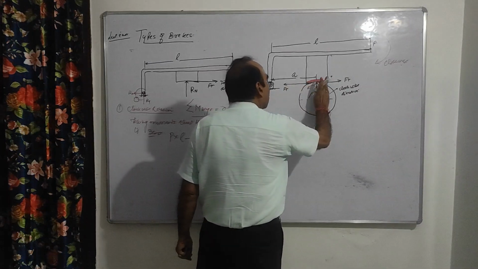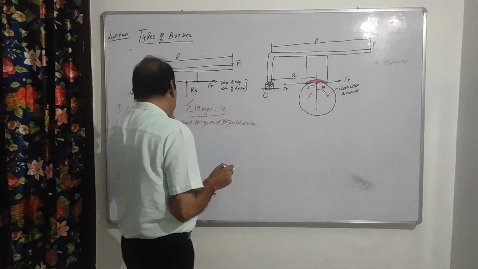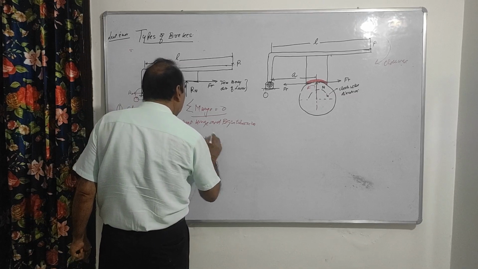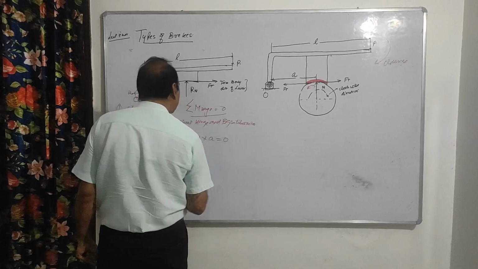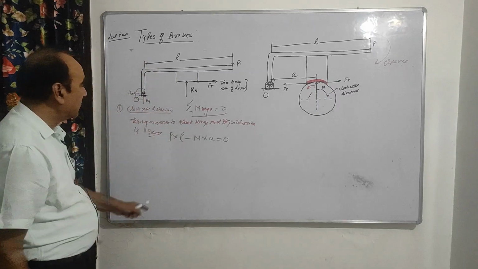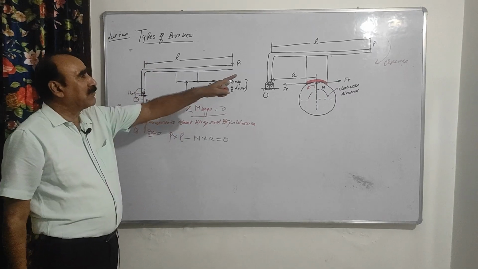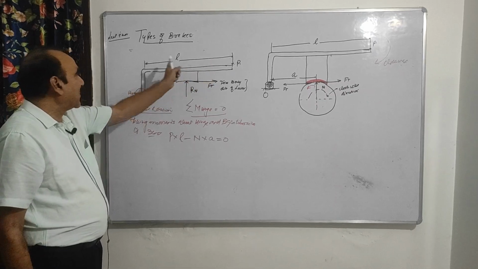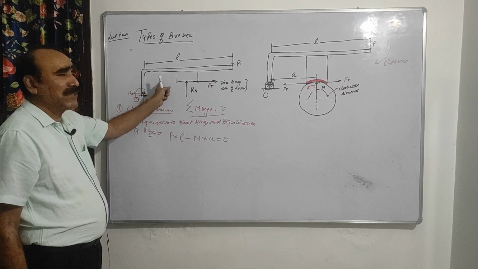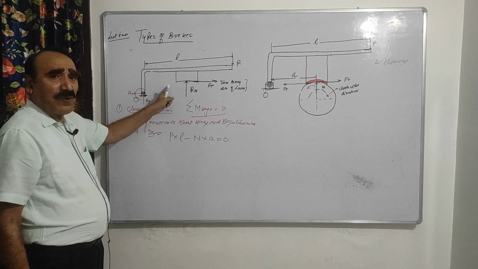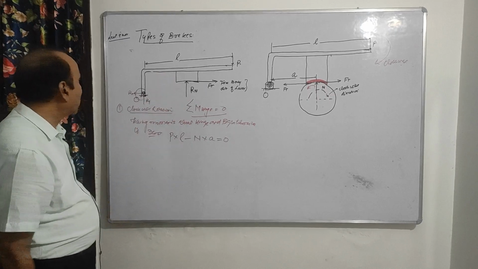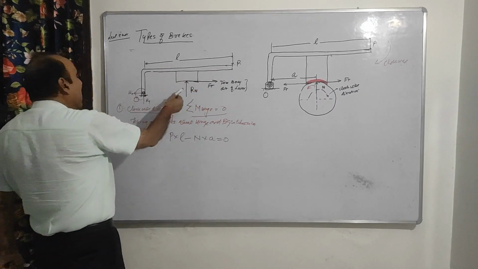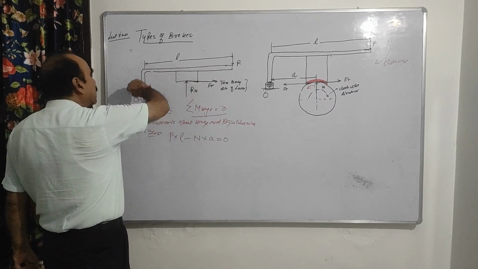Suppose I write here N only, normal force. So N into A, this is equal to 0, right? P into L, this is a very simple one, because you have to take the forces on the lever only and taking the moment about hinge O. So P into L and Rn, this is anti-clockwise.